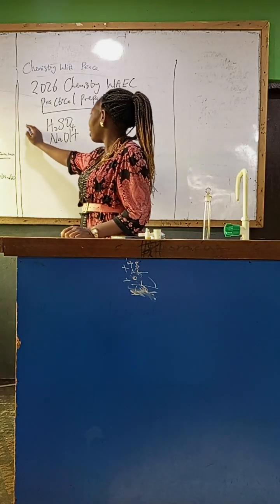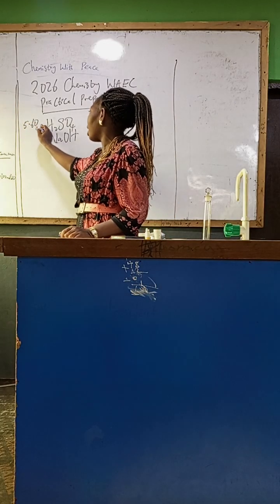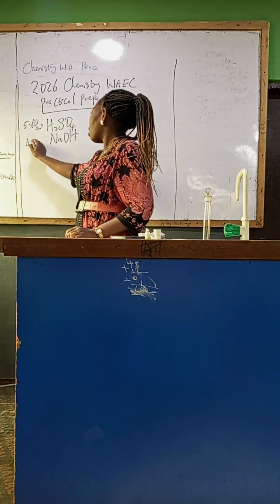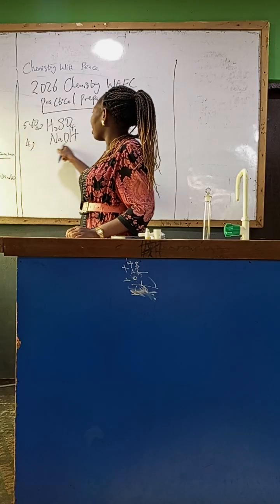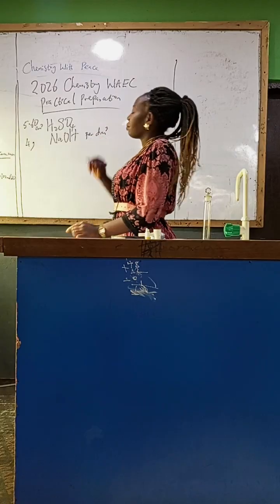So for the acid, we are asked to measure 5.60 centimeter cube. Then for the base, we are given 4.4 grams of sodium hydroxide per dm cube.